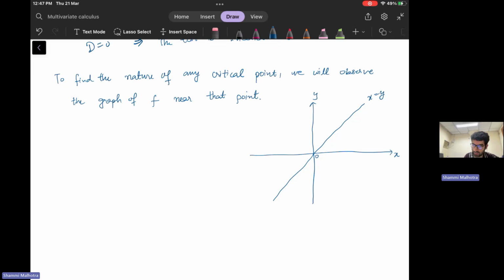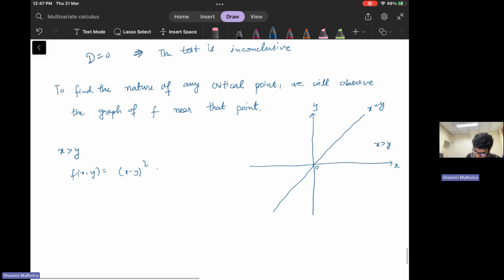Now let us see the value of my function above this line and below this line. If x is greater than y, this is the region. Then f is x minus y whole square. So whenever x is greater than y, this thing is non-zero, a square of a non-zero thing, so this is strictly positive.